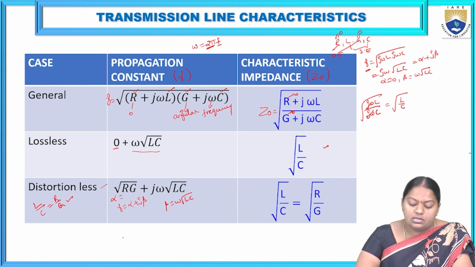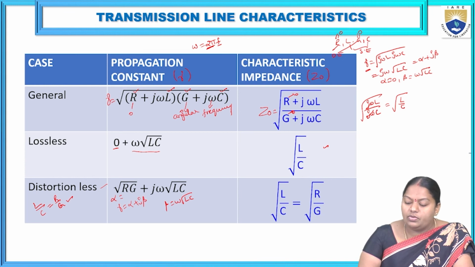This is the way we have evaluated the attenuation constant alpha and the phase constant beta, which constitute the propagation constant of a distortionless line, by considering L by C equal to R by G as the minimum condition for the distortionless line. After that, the characteristic impedance also has to be evaluated.